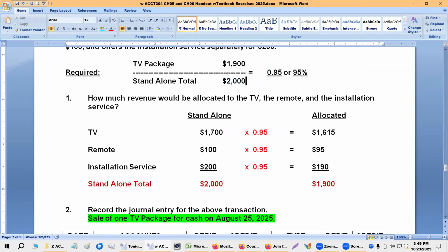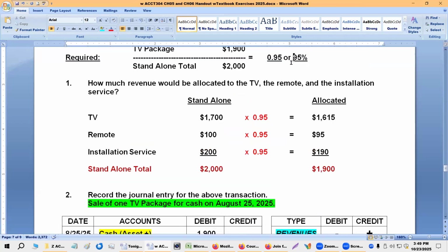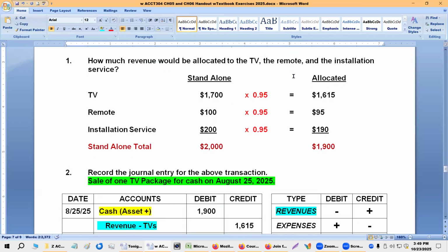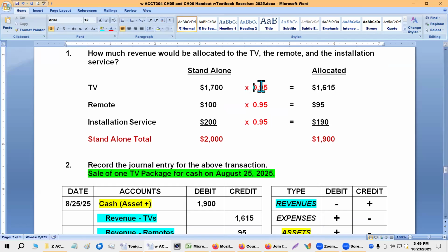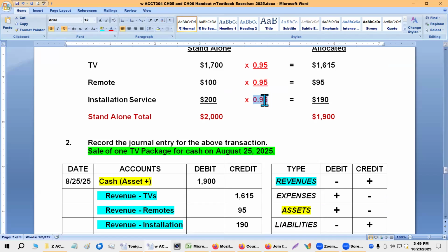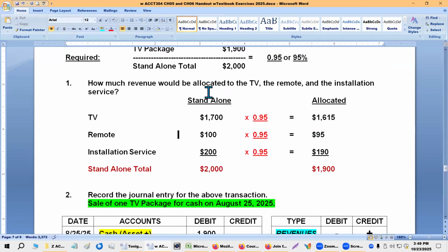Whereas you can just get the 95% and multiply that. So it's a little bit quicker. For 3, it probably doesn't matter too much, but you can imagine if this was a more complex one with many more parts, it would definitely be easier to do it this way.